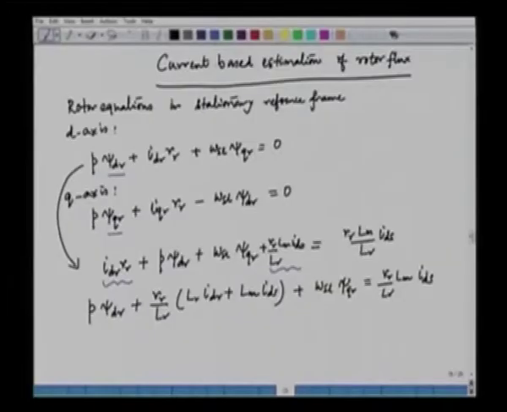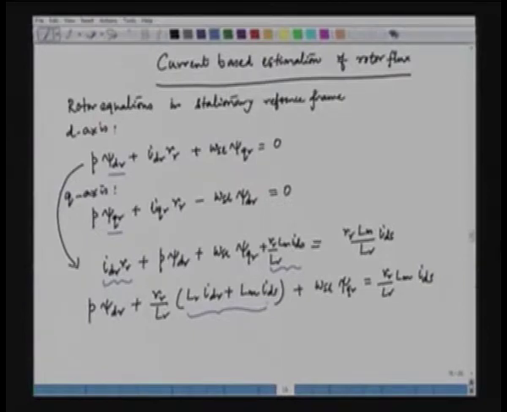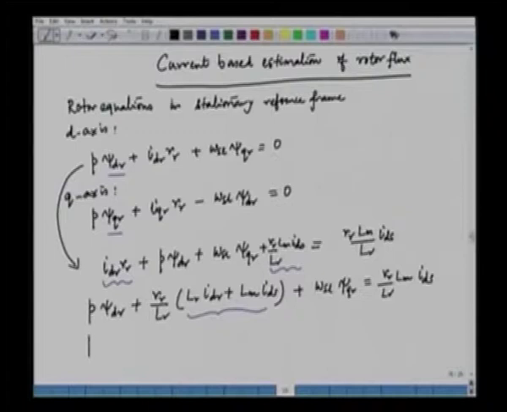So this term will give us psi dr. We can again rewrite this equation in the following fashion: P psi dr plus, since Lr by Rr is tau r, this is 1 by tau r, where tau r is the rotor time constant, into psi dr plus omega SL psi qr, that is equal to Lm by tau r into IDS.